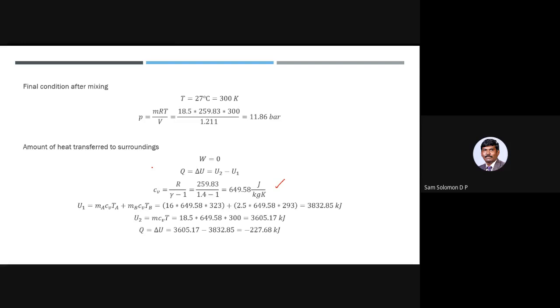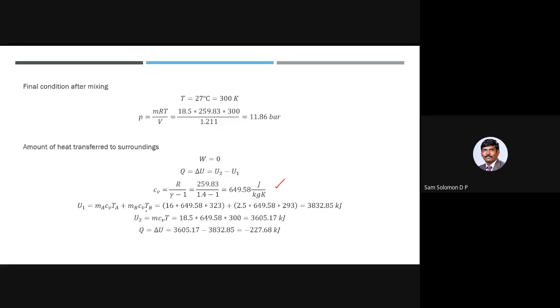So you are able to get the value of CV, and just like we saw in the previous session, you can find out U1 using the relation mA CV TA plus mB CV TB. Before mixing, you can add up the internal energy of oxygen in vessel A and the internal energy of oxygen in vessel B. This we are doing theoretically.